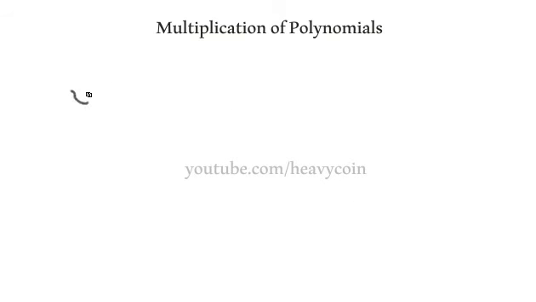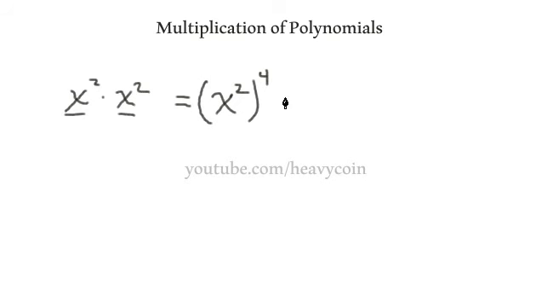But let's say I had, for example, x squared times x squared. Well, because there's two identical terms right here, we could write x squared, and that's all raised to the 2nd power, because there's 2 of them, and that's where that 2 comes from.